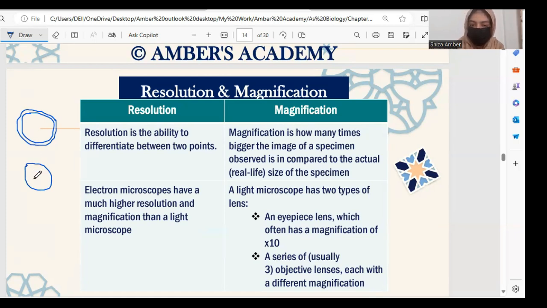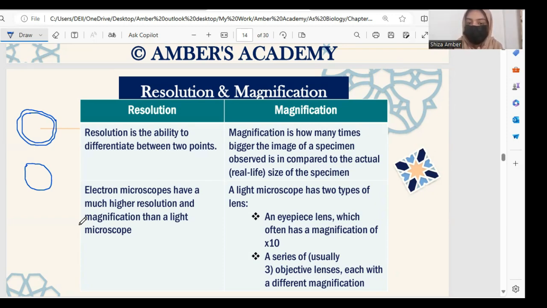So far, are you guys clear on this? Yes. Okay. So the resolution of light microscope is not very high, which results in some organelles not being seen. For example, we can't see mitochondria having two membranes. We cannot see that chloroplast has two membranes, and we cannot see that nucleus has two membranes.